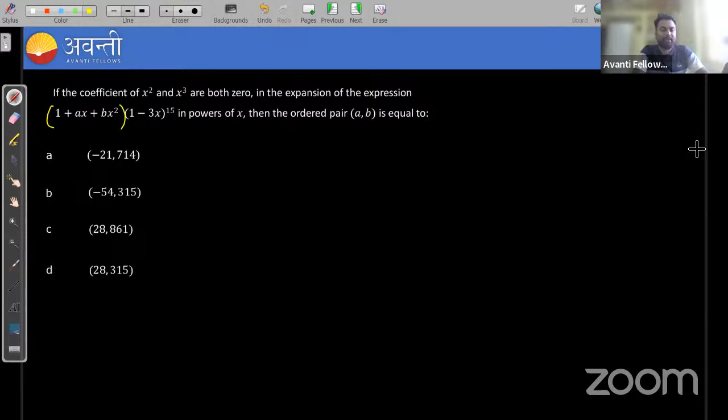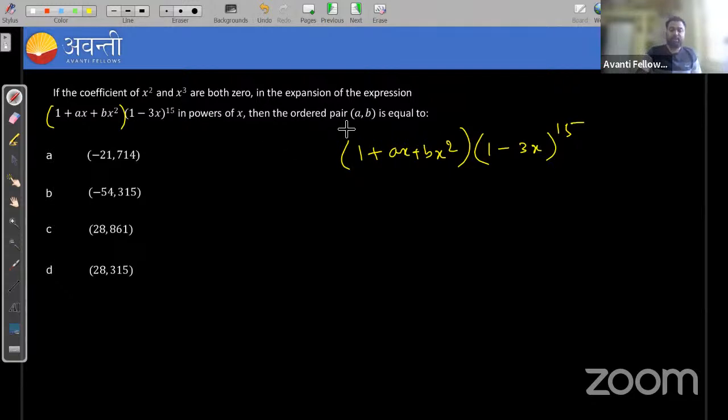The question is like this: if the coefficient of x square and x cube are both 0 in the expansion of the expression (1 plus ax plus bx square) into (1 minus 3x) to the power 15, in powers of x, then you need to find the ordered pair (a, b).